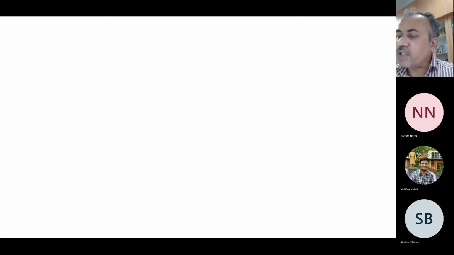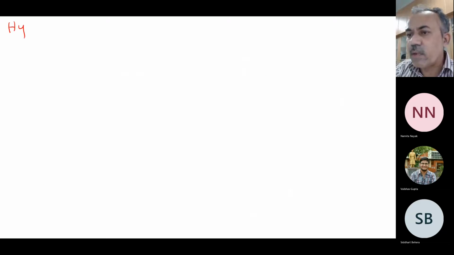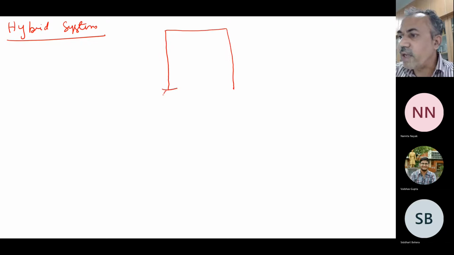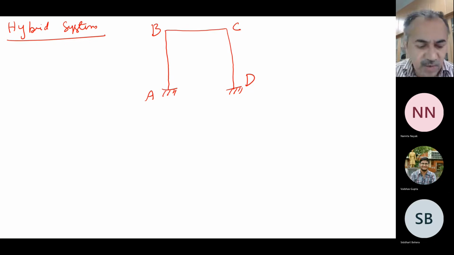Okay, and now let us see this hybrid system. Let us see this simple example, which is a composite of those two. The same thing which we solved. So we are having this B, so that AB and then BC. What have we said?